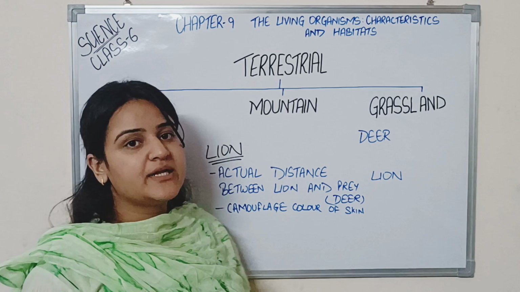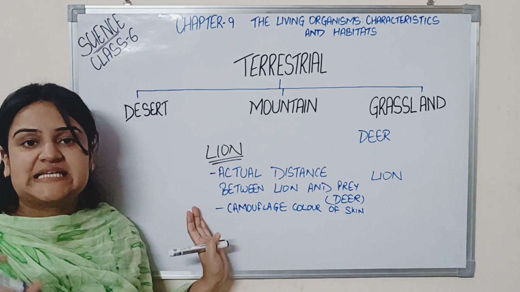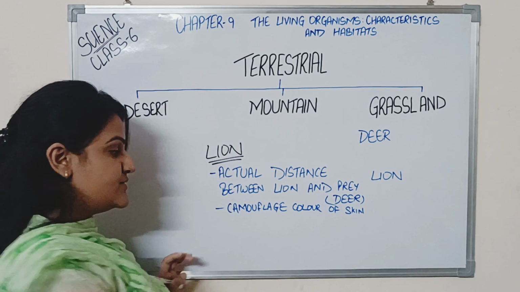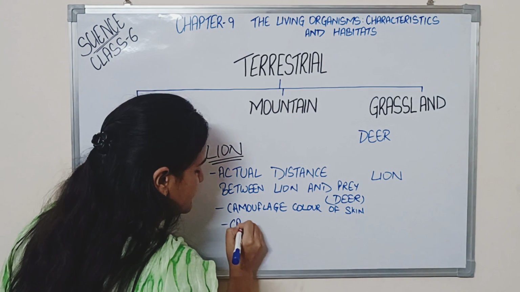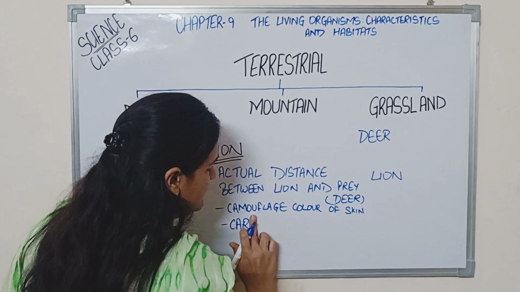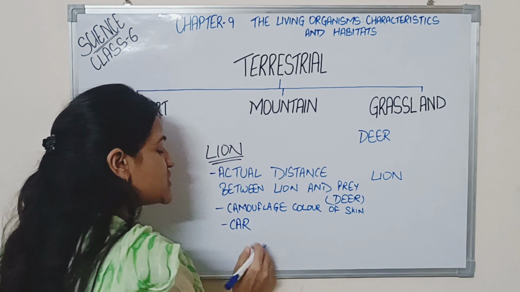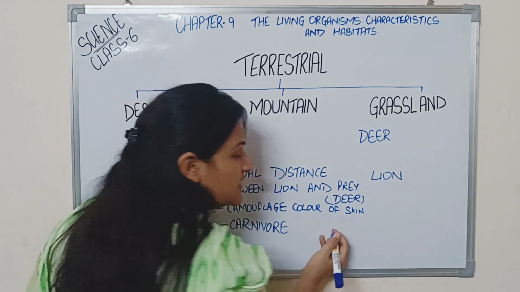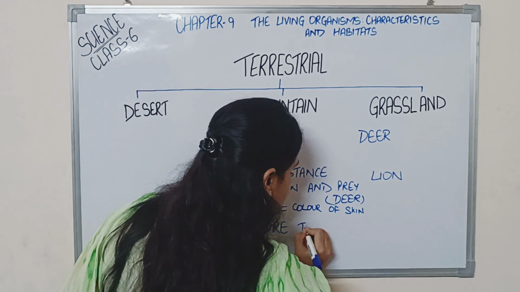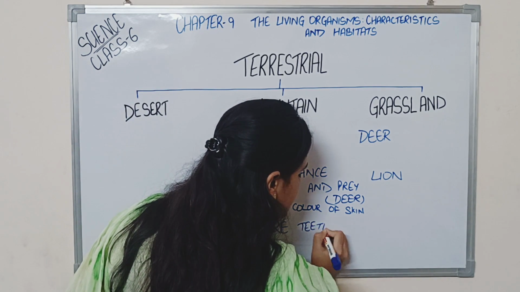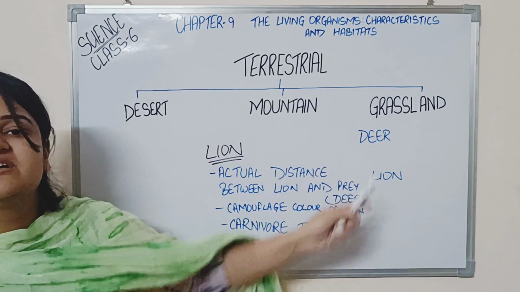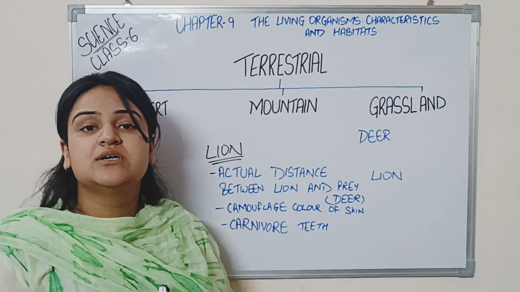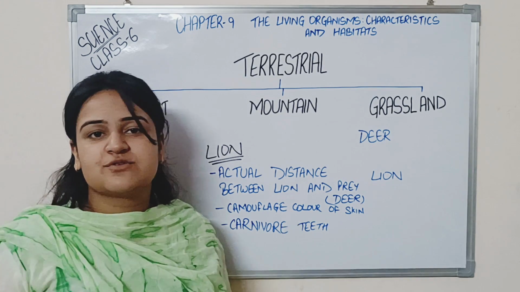Okay, one more point, that the lion has teeth so that it can eat the flesh of other animals. So it has carnivore teeth, you can say. Carnivore teeth are actually sharper so that they can tear the flesh. And in case of deer, deer has strong teeth so that it can chew the strong stems of the plants.